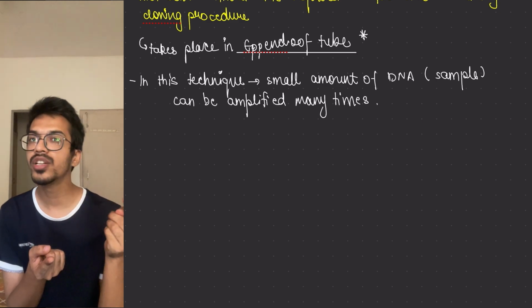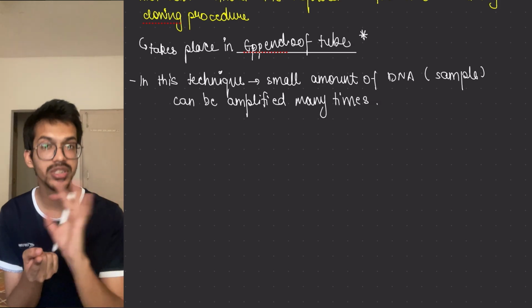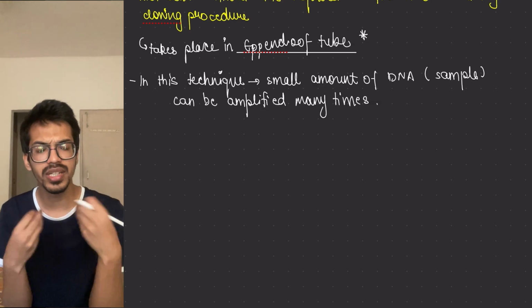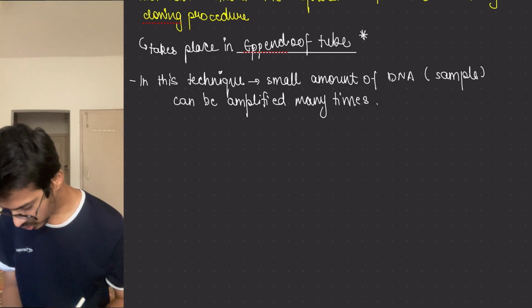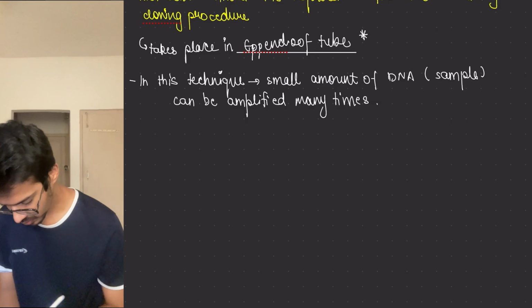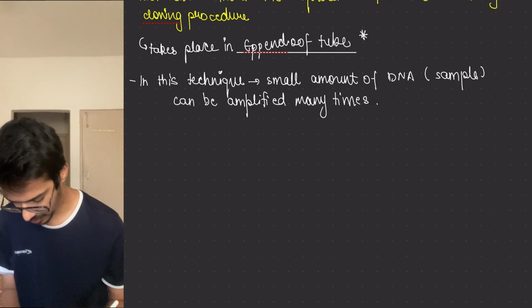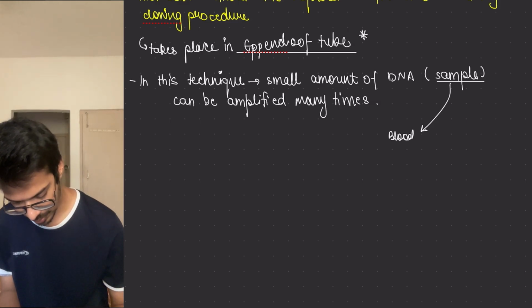So the sample could be what? The blood, WBCs in the blood, or the platelets in the blood, not the RBC, because they don't have a nucleus. There could be hair, there could be any serum of the body which contains cells. We can use it. So the sample could be blood, this is the white blood cells.